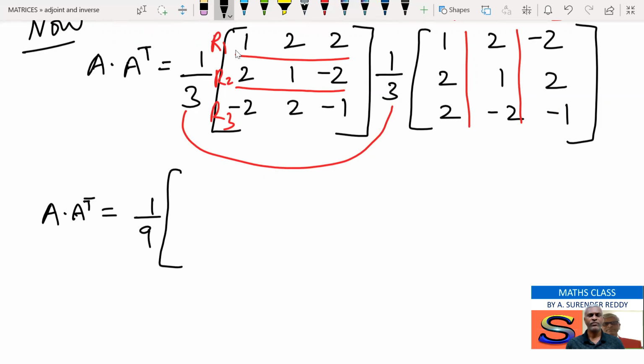and multiply first row into first column. 1 into 1, 1, 2 into 2, 4, 2 into 2, 4.